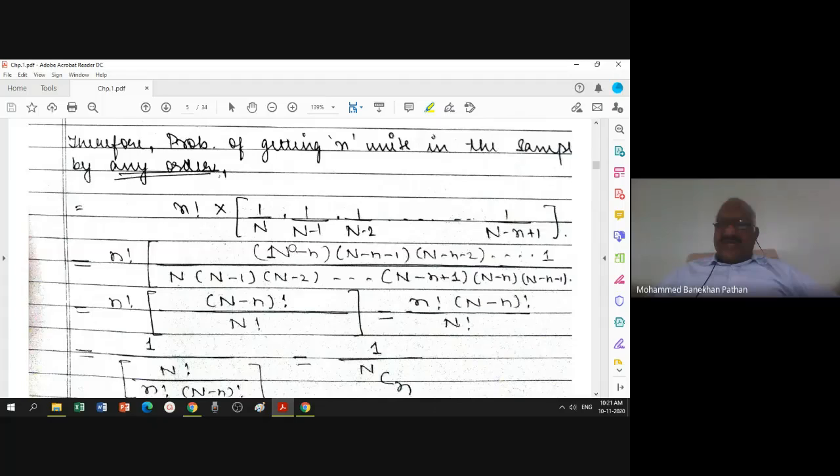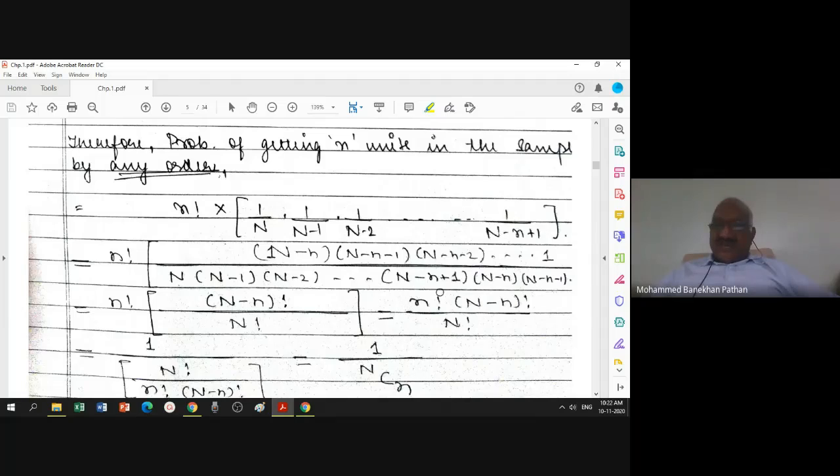The same thing. I begin with N minus n, decreasing by 1 till 1. So the numerator is N minus n factorial. Now this n factorial I multiplied, so n factorial multiplied by N minus n factorial divided by N factorial.